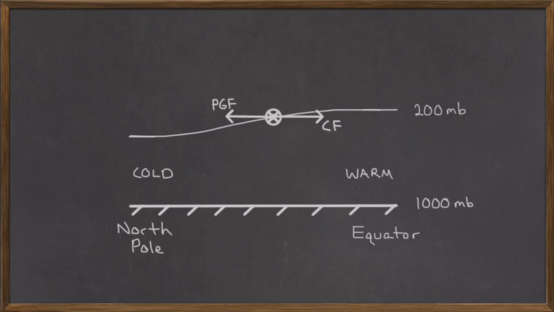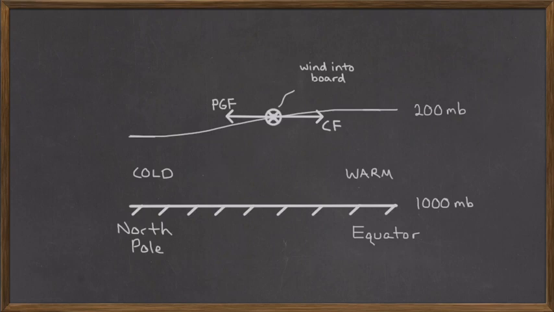That's going to represent a wind that's blowing into the board. So this guy is a wind into the board. That gives us our Coriolis force to the south.